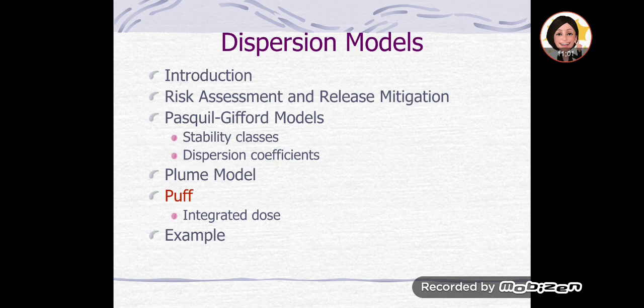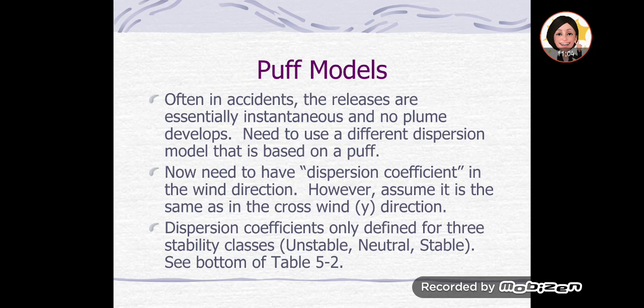So let's look into the puff model. Often in accidents, the releases are instantaneous, and therefore there is mostly no plume developing in accidents. So there is a need to use a different dispersion model, and that is based on a puff. In puff models, we need a dispersion coefficient in the wind direction.